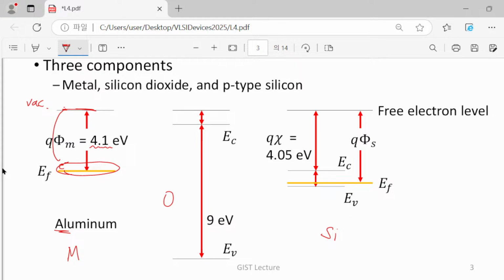Think about this. What does it mean when we say free from the metal system? If we have a metal chunk, for example gold or aluminum, there are so many electrons, but those electrons cannot move outside this metal chunk. However, if our electrons become free electrons, free from the metal crystal structure, then they can easily escape from that metal system.